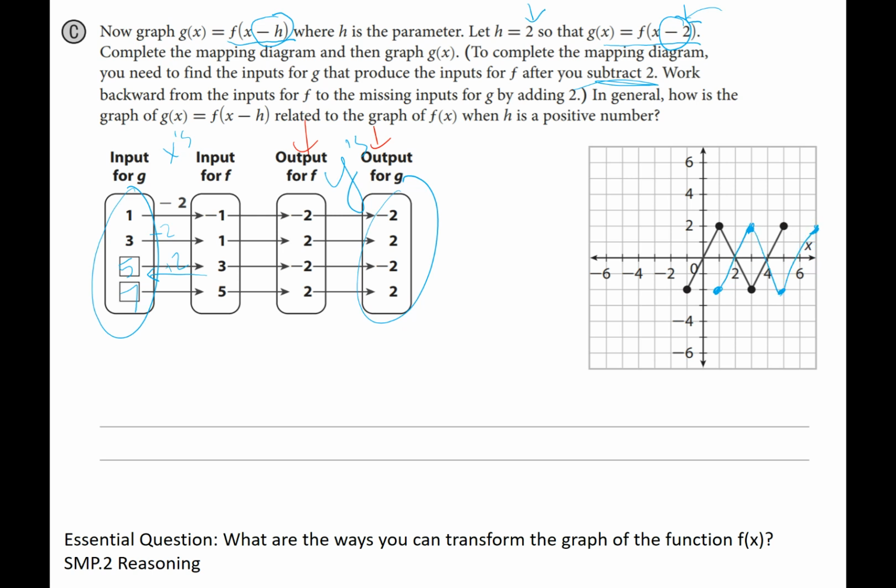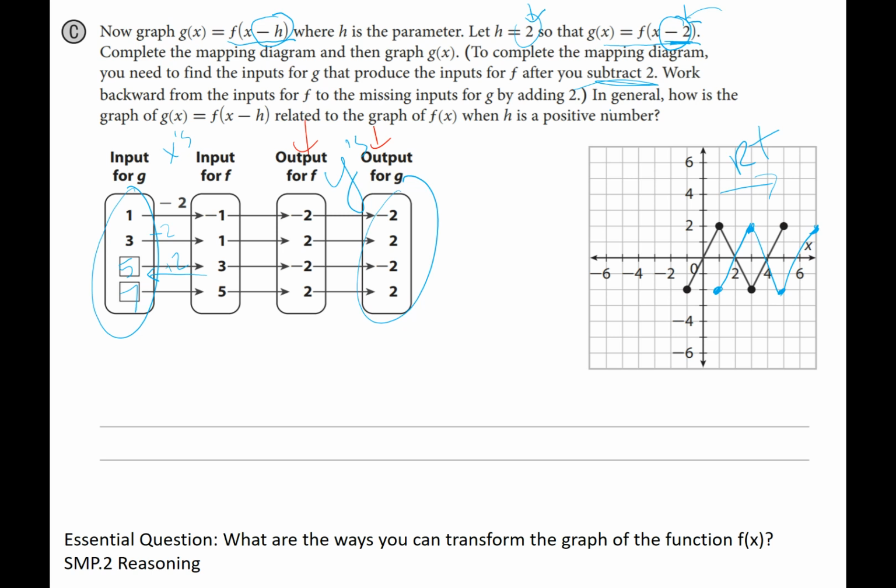So you'll notice that our graph ended up going to the right this time, okay? It translated the number of units that we said, but notice inside here it's deceiving. It looks like it should be left because it's negative. So it's the opposite sign when it's inside the parentheses.